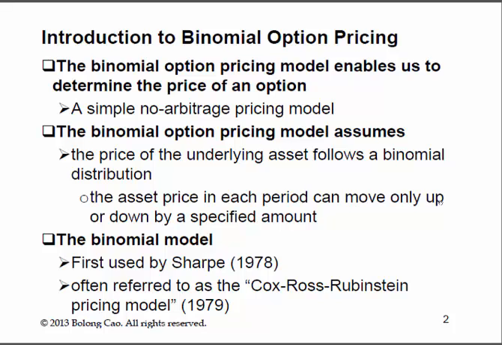This model assumes that the price of the underlying asset follows a binomial distribution. It can simply be said that the asset price in each period can move only up or down by a specified amount.